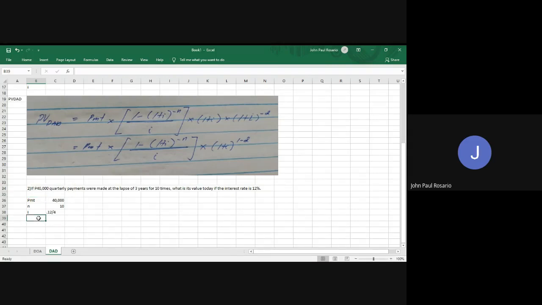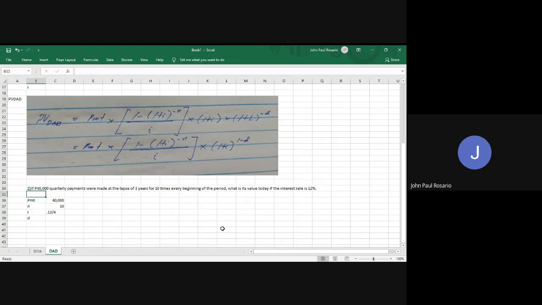Okay. What is our period of deferment, guys? If 40,000 quarterly payments... Okay, sige.